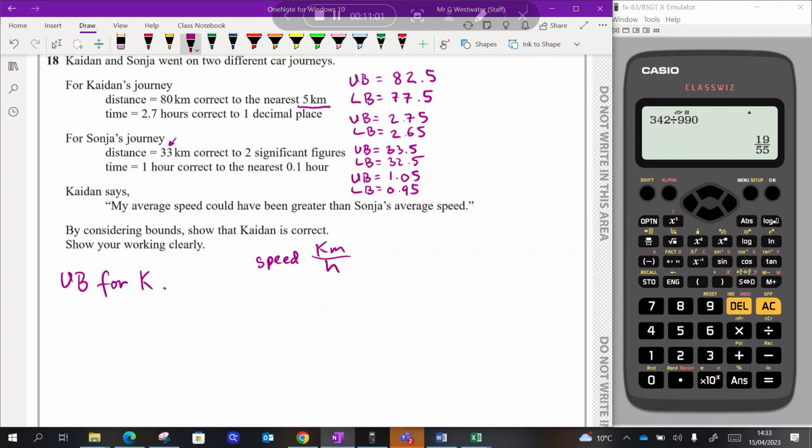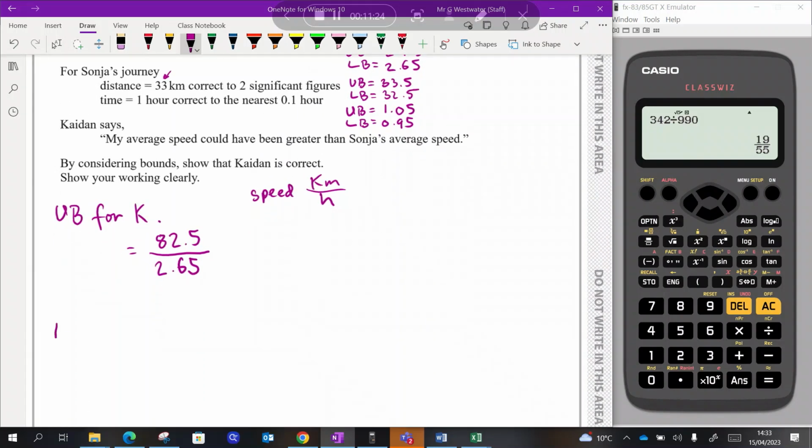So I want my upper bound for speed, so kilometres, okay, so that's 82.5. And to make this as big as possible, I actually want to divide by the smallest value for time, so divided by 2.65.